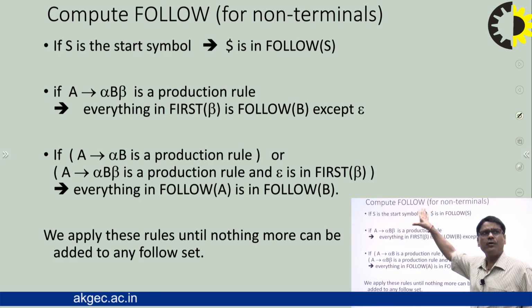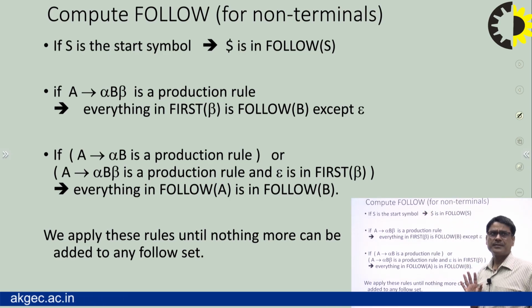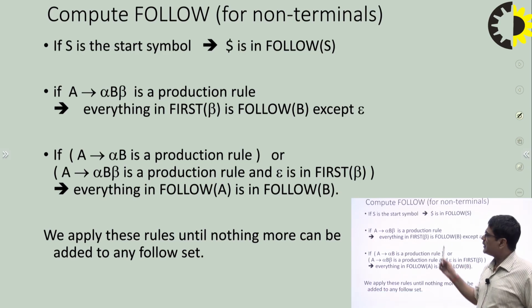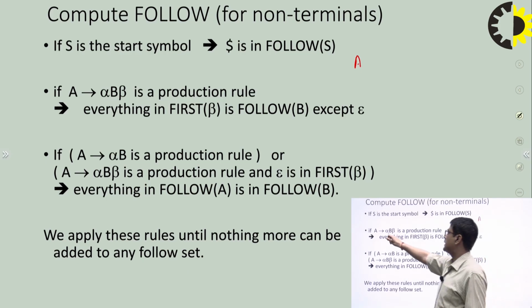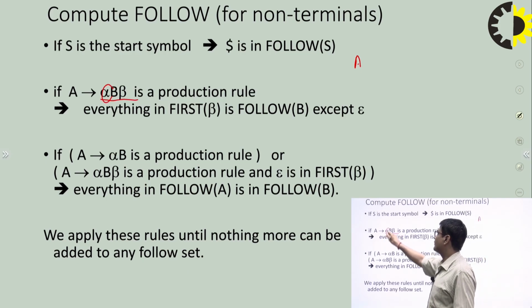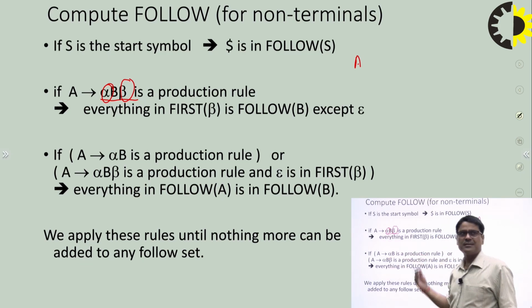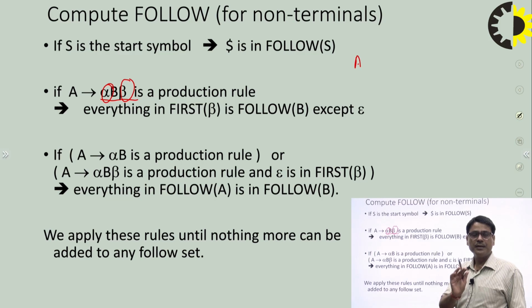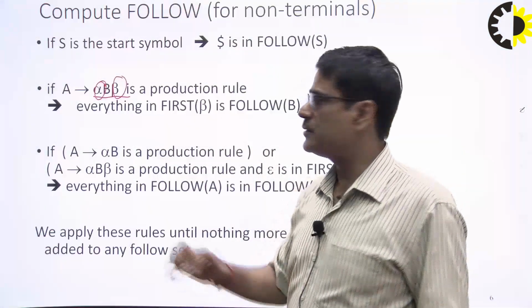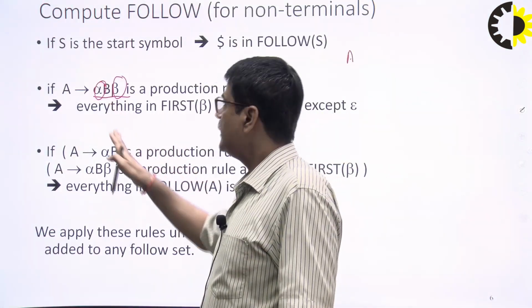So dollar is in follow of the start symbol. So you have to add dollar in follow of the start symbol. Then rule 2 and rule 3 say: if A produces alpha B beta is a production, where alpha and beta are not fixed length strings, but capital B is fixed because capital B is a non-terminal. Whenever we are referring to any production, we look at what is on the right hand side.